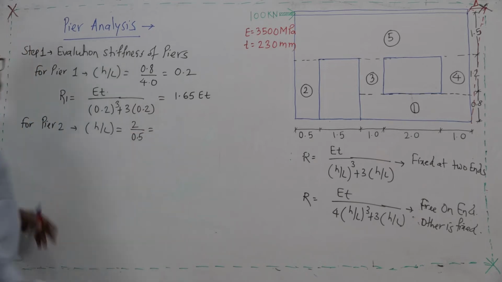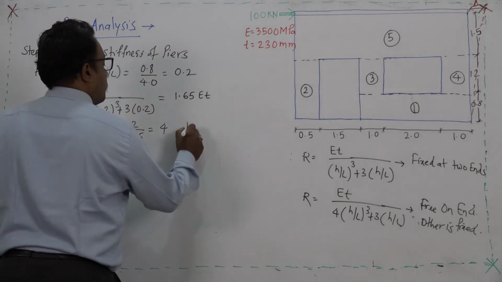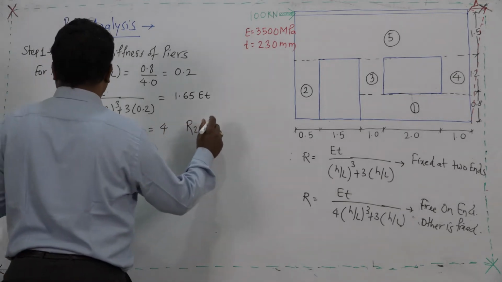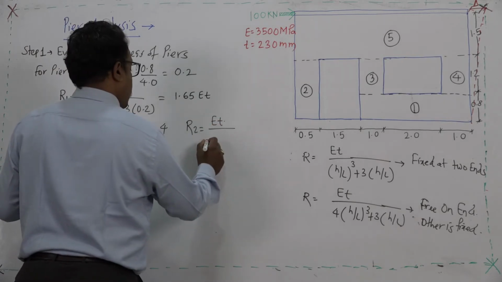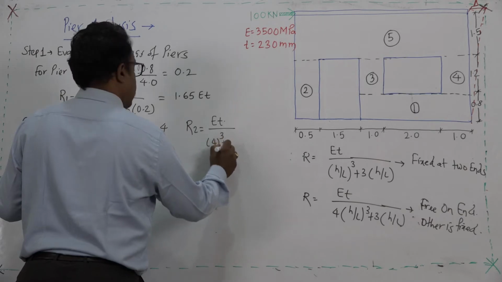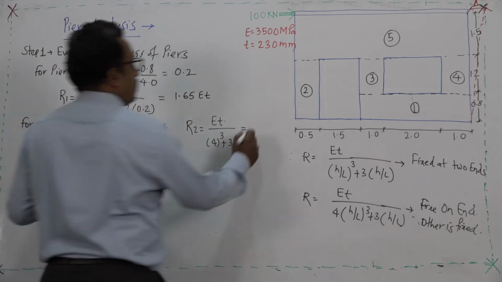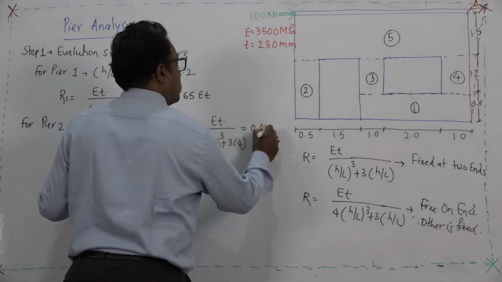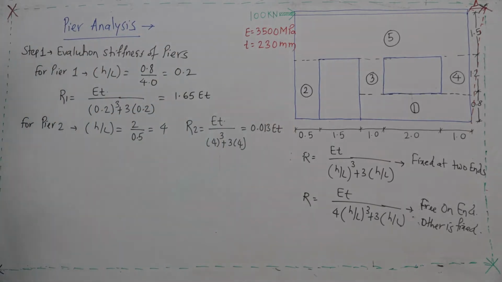So, h by L will be 4, and similarly the value of R 2 now I will write here itself. So, R 2 is E t divided by 4 raised to 3, 3 times 4. So, this will be 0.013 times E t.